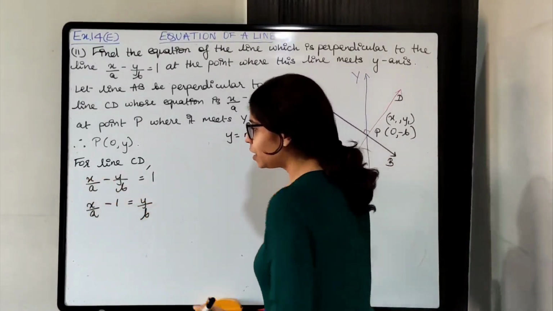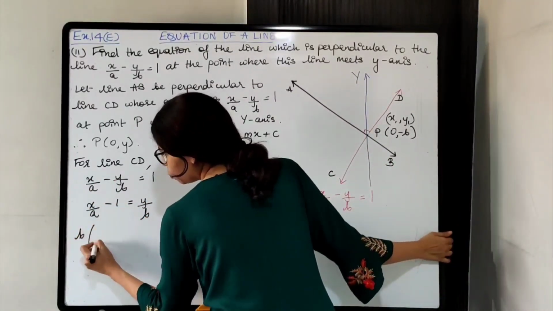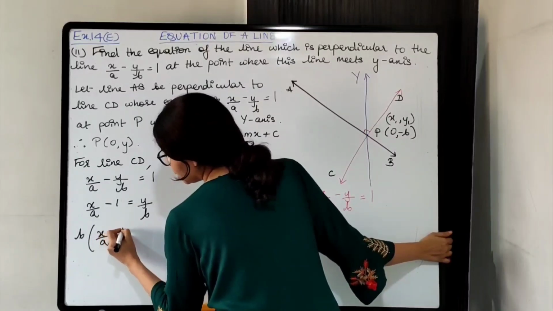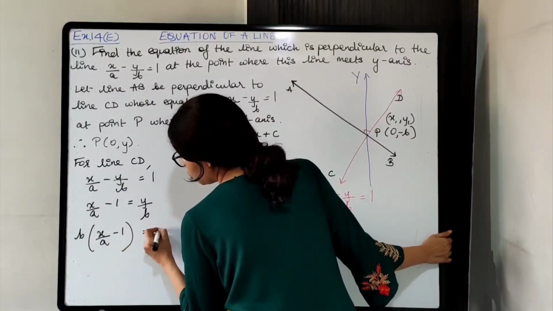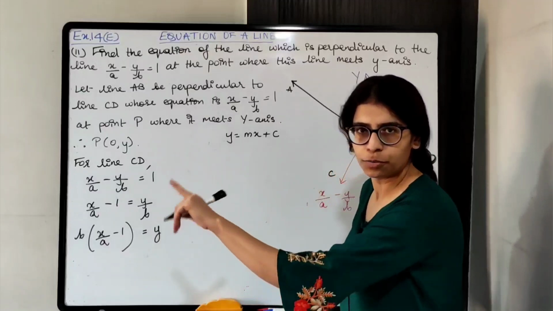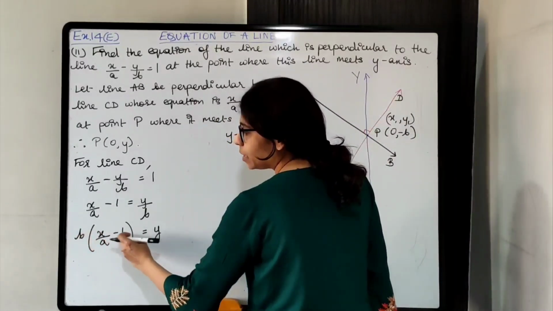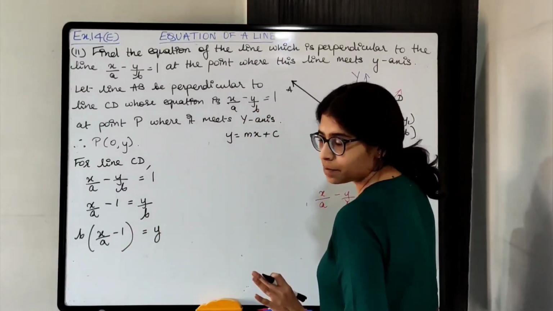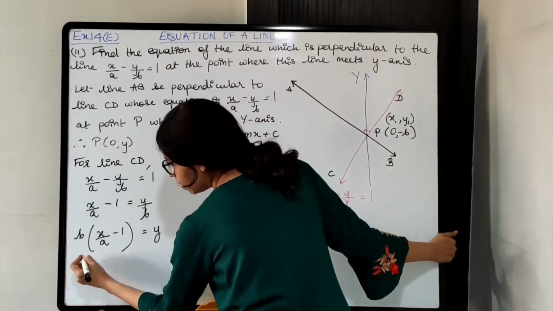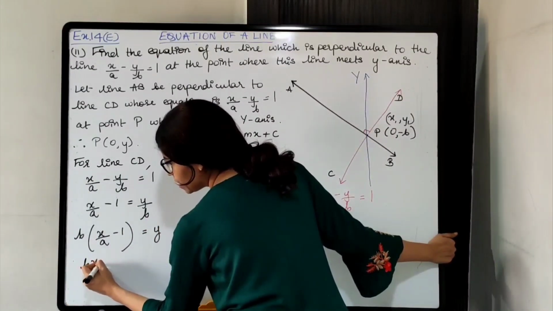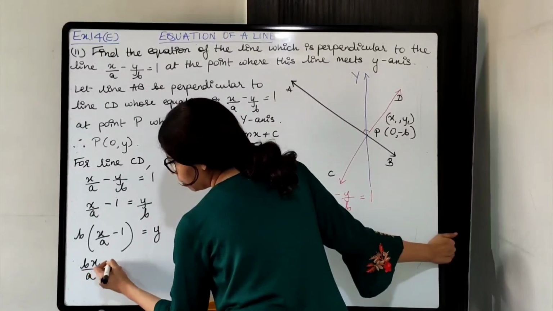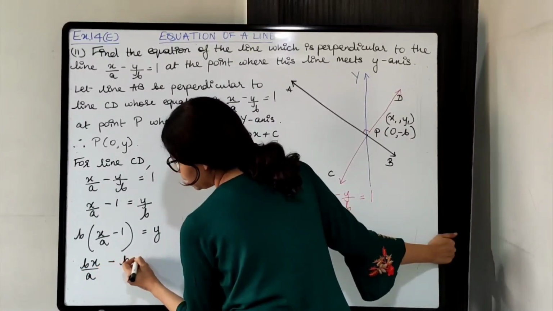So let's shift b. b into x upon a minus 1 is equal to y. It will go in the numerator. Okay. So put brackets, because it will get multiplied with all the terms. Alright. So b into x, bx upon a minus 1 into b gives b equals to y.